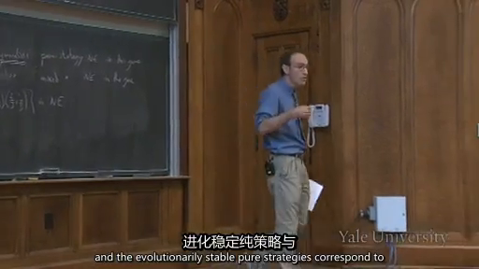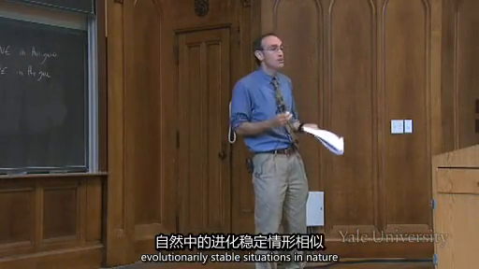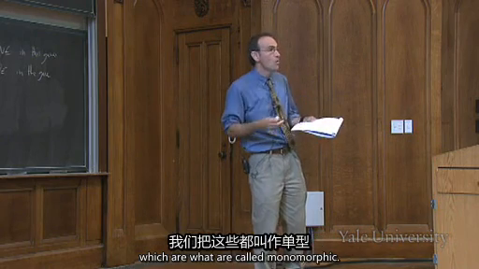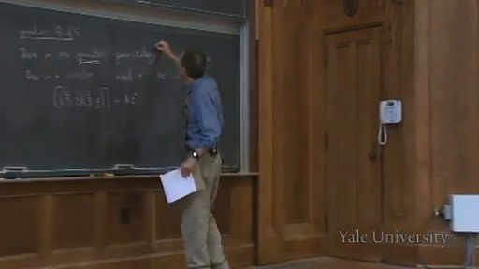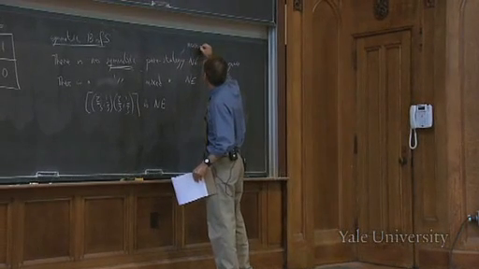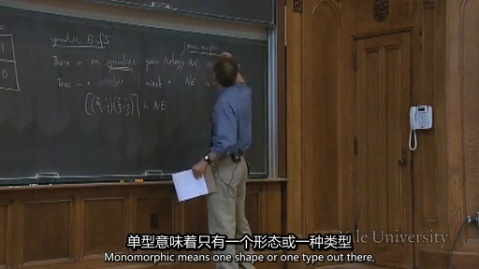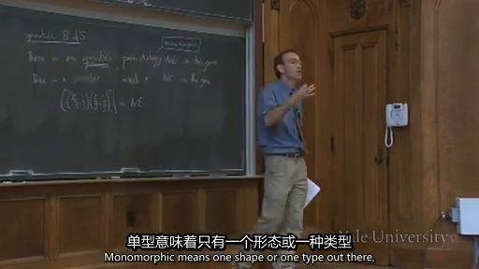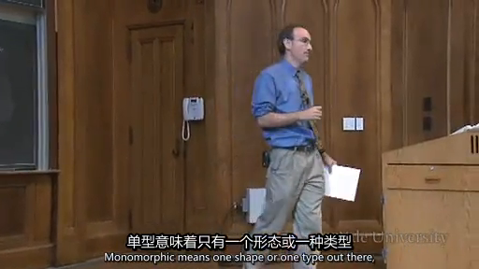And evolutionary stable pure strategies correspond to evolutionary stable situations in nature, which are what are called monomorphic. Monomorphic means one shape, or you get one type out there.